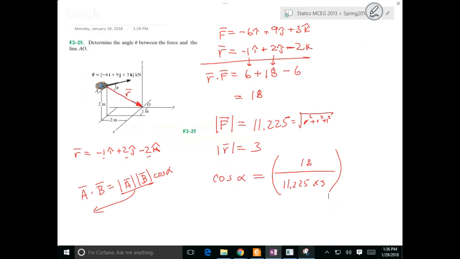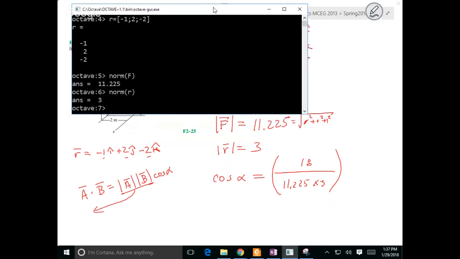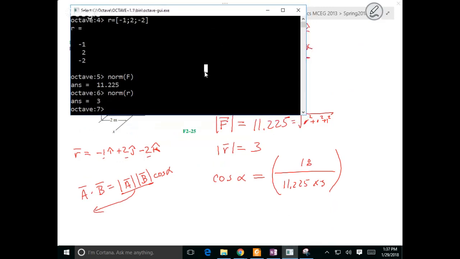So if I want to, I can just come back to MATLAB and do something really strange. Arc cosine in degrees of the dot product of F with R divided by the norm of F divided by the norm of R. Just take a look at what this is.